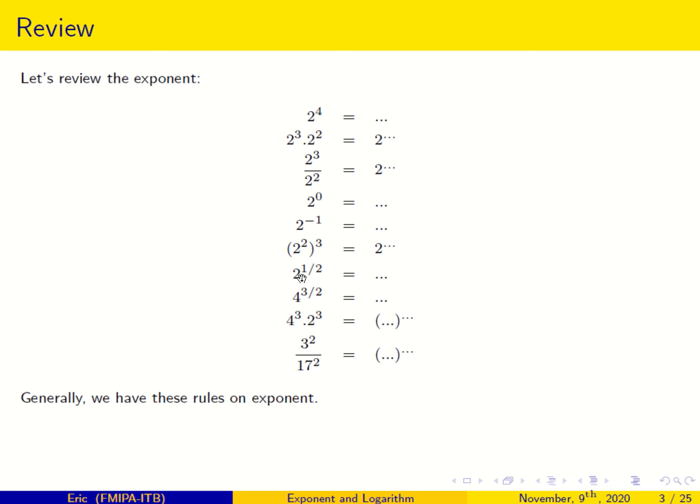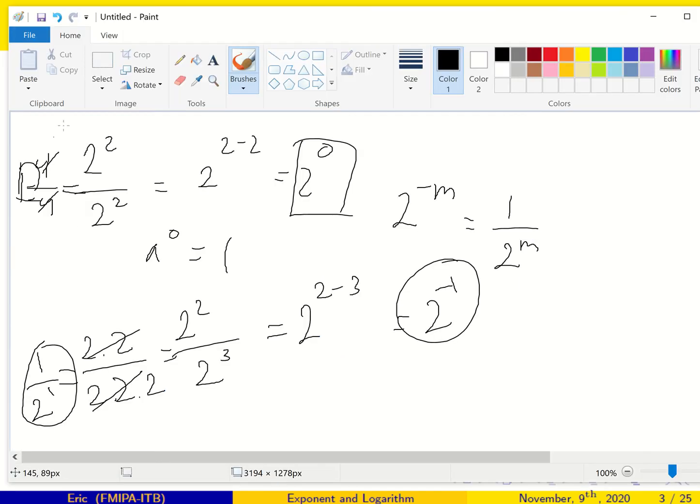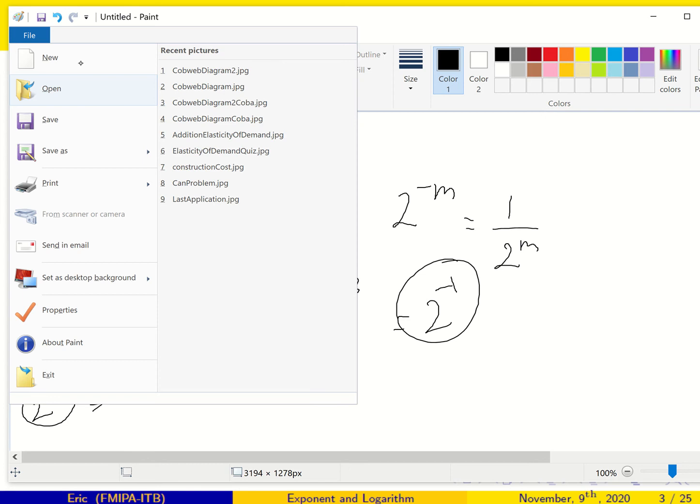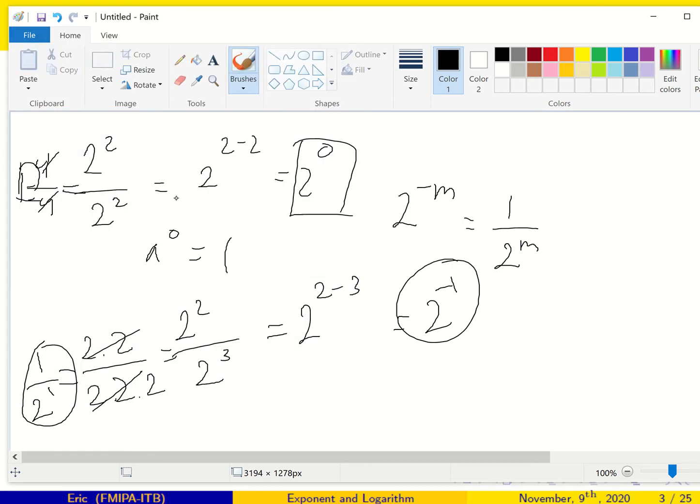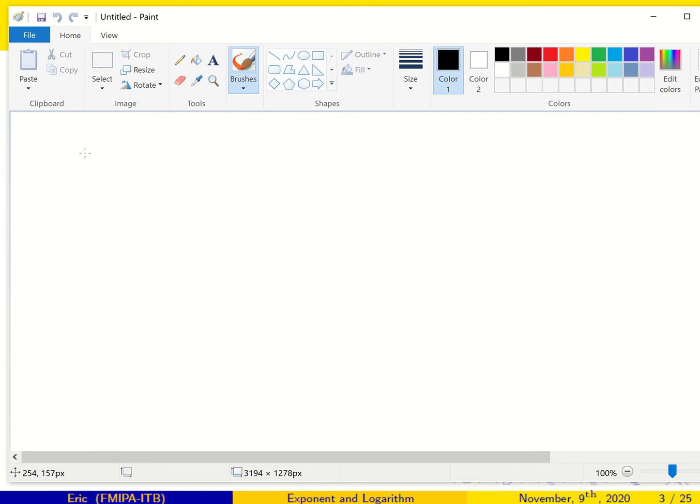Okay, what about 2 to the half? Let's just see like this. I have y equals 2 to the half.